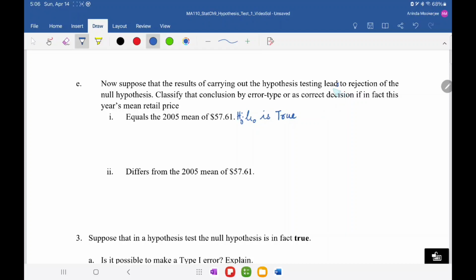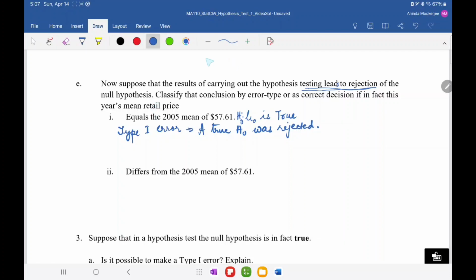So let's see whether we made an error or not. It said the testing leads to rejection of the null hypothesis. So in this situation, if we rejected the null hypothesis mean, that means we rejected a true null hypothesis, right? So we committed a type 1 error. So in the first case, we committed a type 1 error. That means a true null hypothesis was rejected.